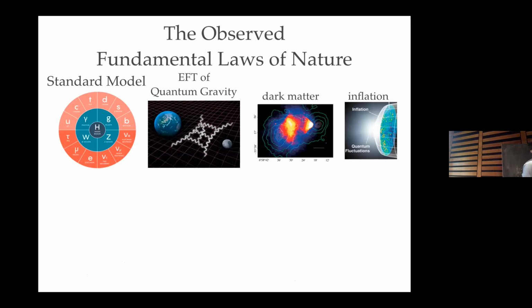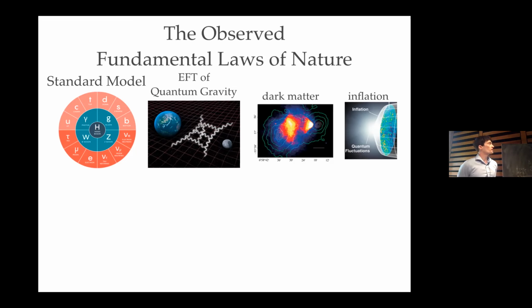Every area of physics, if you look at the smallest length scales we're able to probe experimentally, what you find is described by quantum field theory. This is true, of course, of the Standard Model, most famously, but it's also true of quantum gravity at energies that are accessible to us experimentally. The effective theory of quantum gravity works very well at low energies.